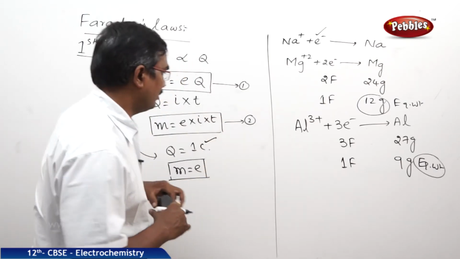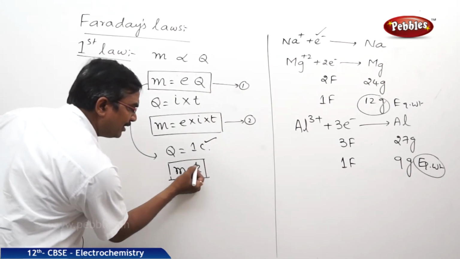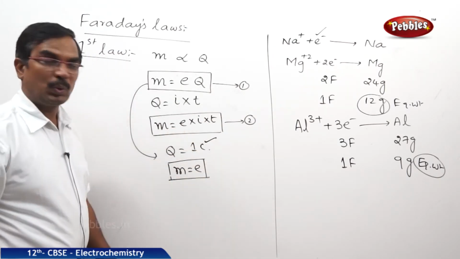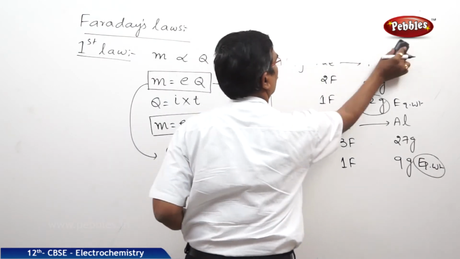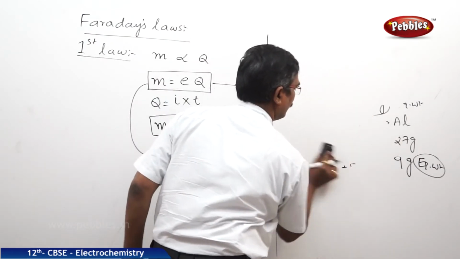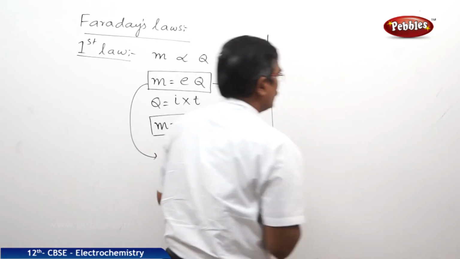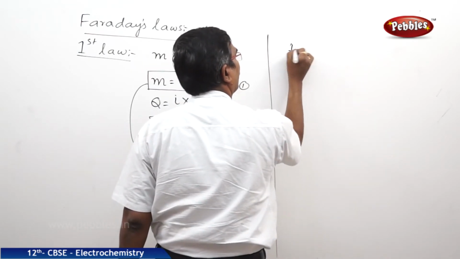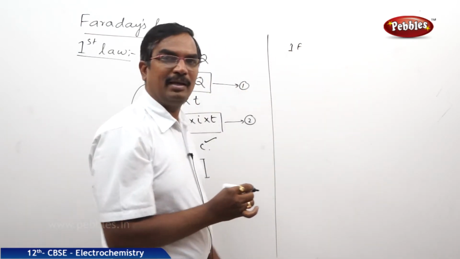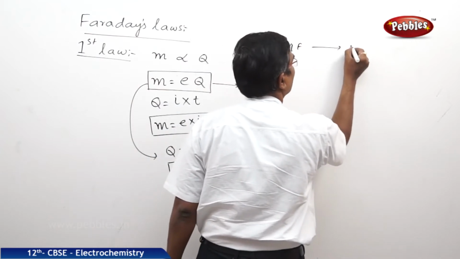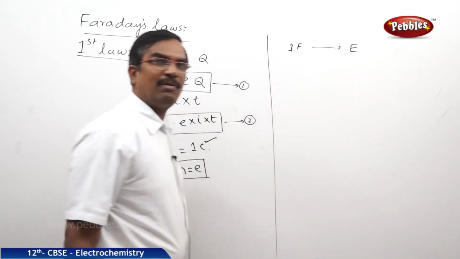So we can replace this particular E value. As per discussion, 1 Faraday is able to give a mass of the substance equal to 1 equivalent.